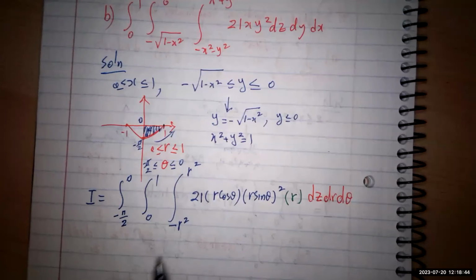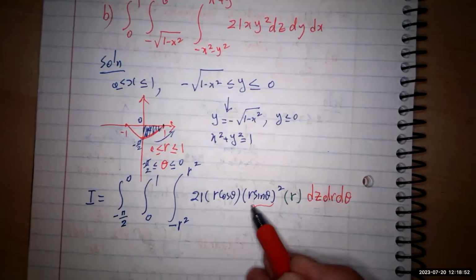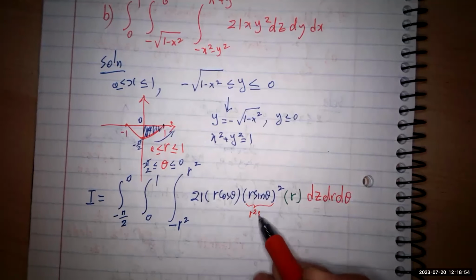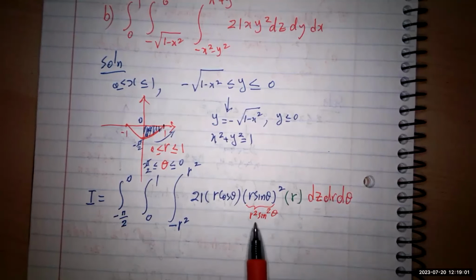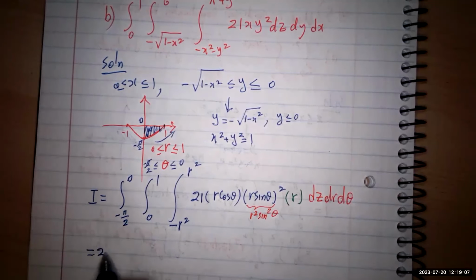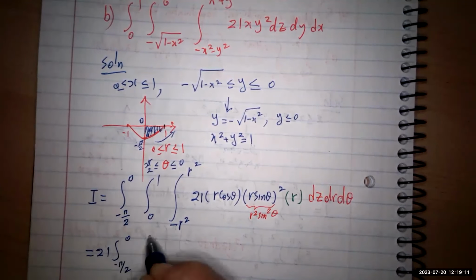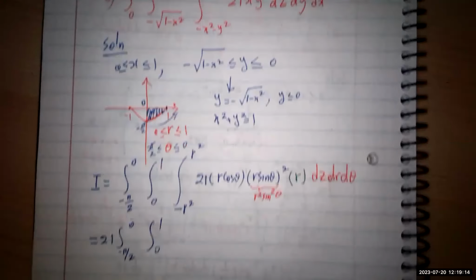Now you have to do a little bit of algebra to see what's going on for this one. So you have to square this. If you square it, that gives r squared sine squared of theta. So I'm going to collect these r's together. I have the r squared times r that gives me r cubed, and I'm going to bring this 21 outside to make room for the others. Negative pi half to 0, and that's going to be 0 to 1.